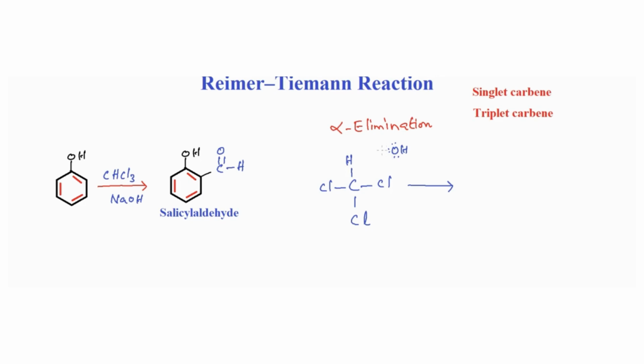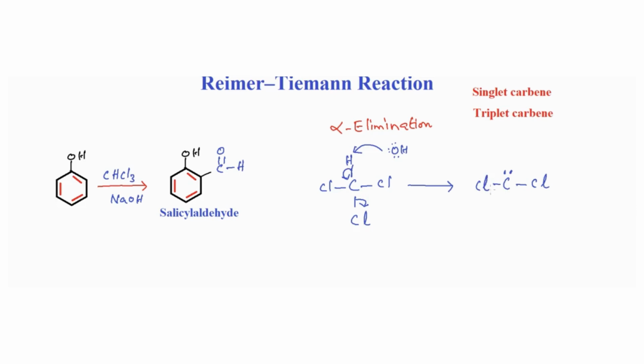Here the basic medium, that OH, the base, is going to abstract a proton from the chloroform, and this hydrogen donates its electron and the chlorine goes along with the electron pair and it forms a dichlorocarbene.